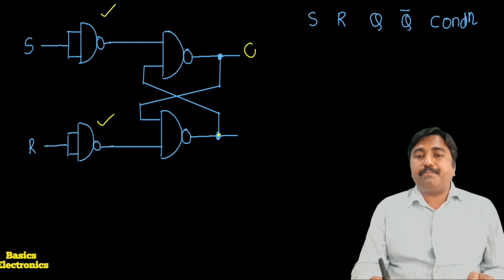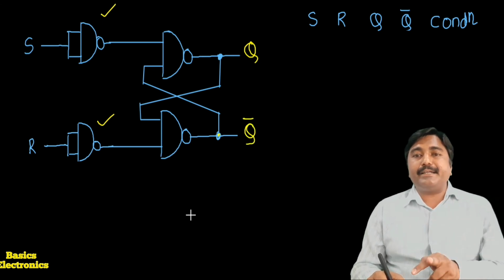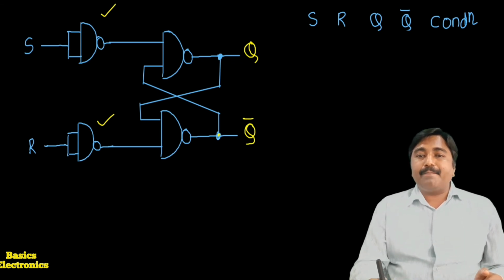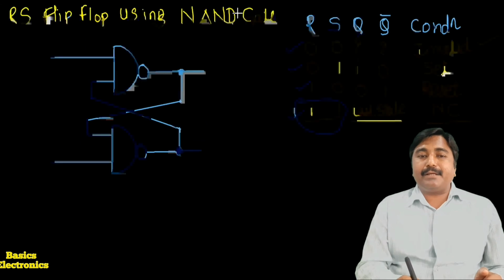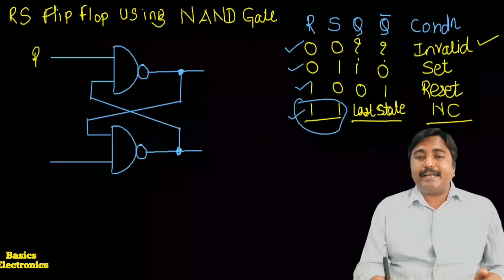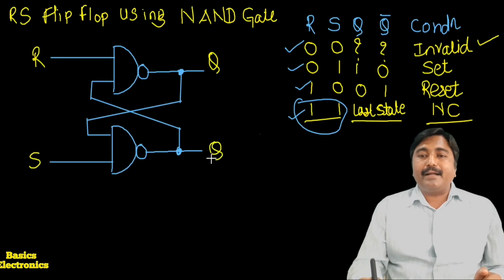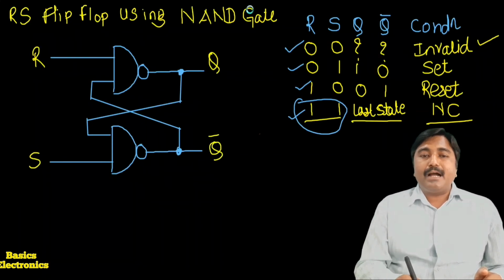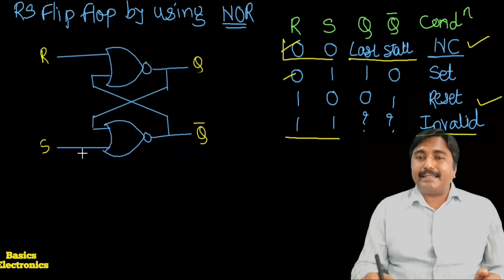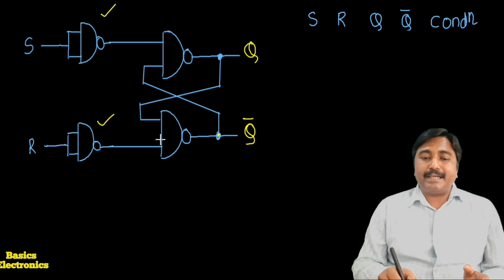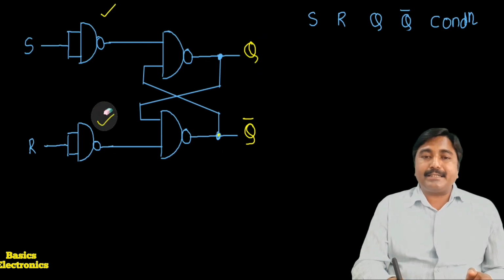The output of the upper NAND gate is Q and the output of the lower NAND gate is Q bar, but the inputs are interchanged between the S and R inputs. On the upper side, as we saw in the previous logic diagram, there is the R input and here it is Q. Here it is the S input and here it is Q bar. In the NOR gate flip-flop it is also the same, R and Q, S and Q bar. But here, by applying the inverters, we interchange the inputs.